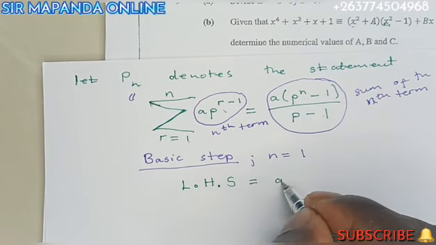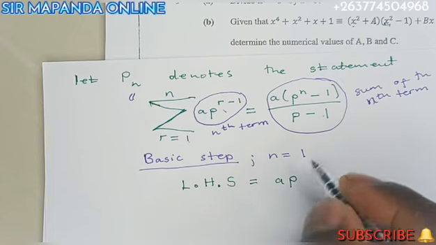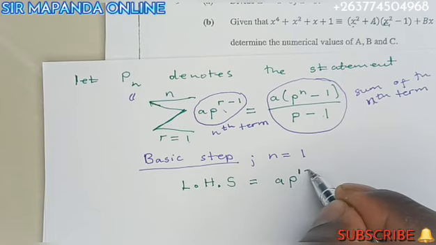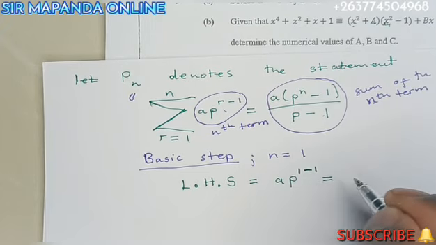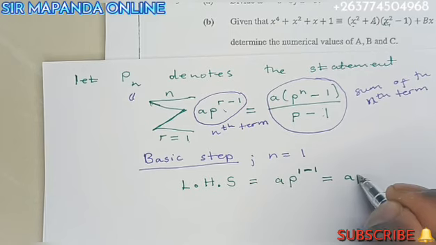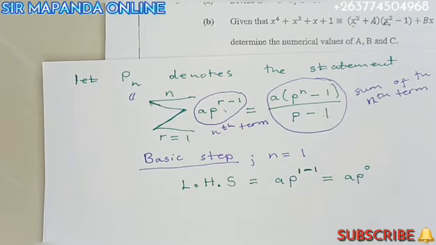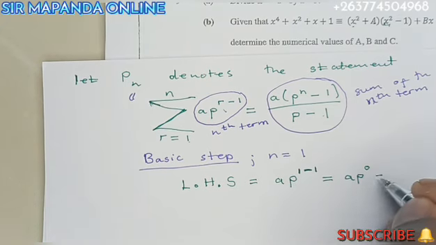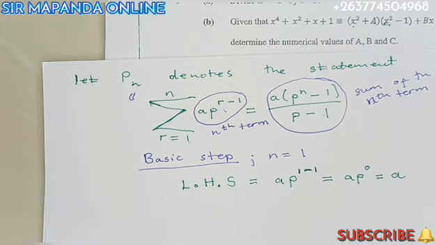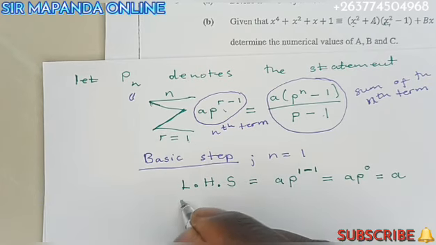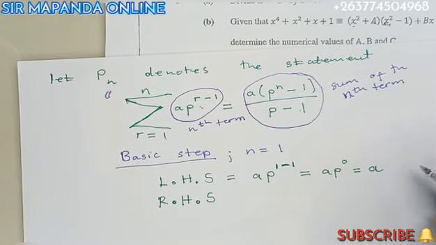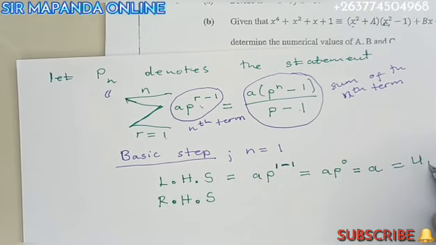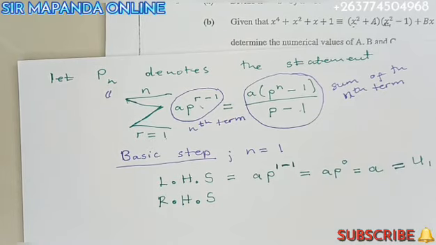You get a p, you put 1 on r, so you get 1 minus 1. It gives you a p to the power of 0. Applying the laws of indices, any number raised to the power of 0 is 1. So the left side becomes a. So I'm now moving to the right-hand side to find the sum of the first term. So this a is as good as U1, which is our first term. I hope you are following.